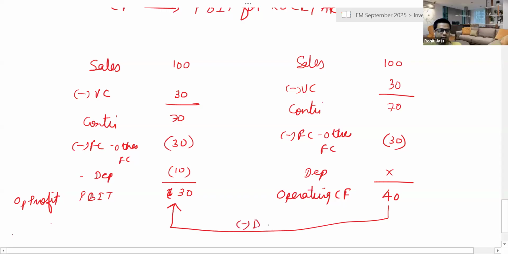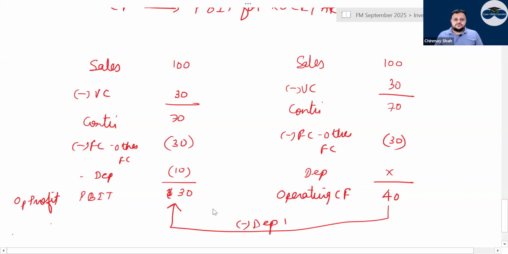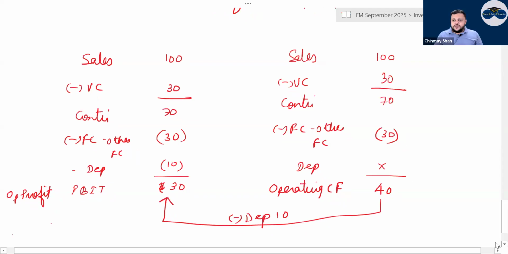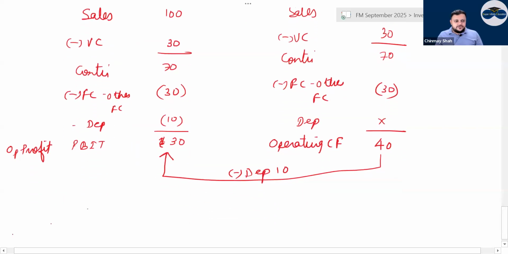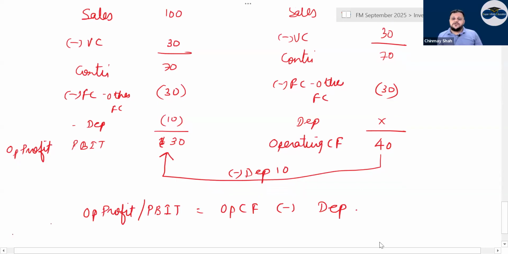So operating cash flow minus depreciation will give you operating profit or PBIT. Does it make sense?